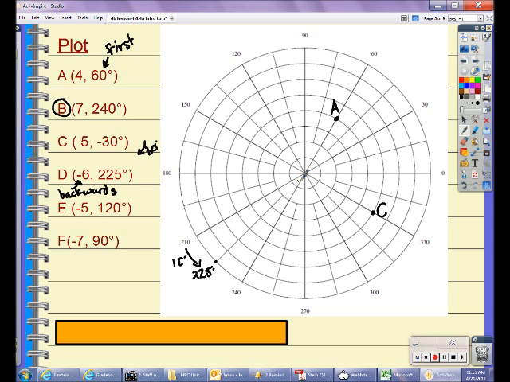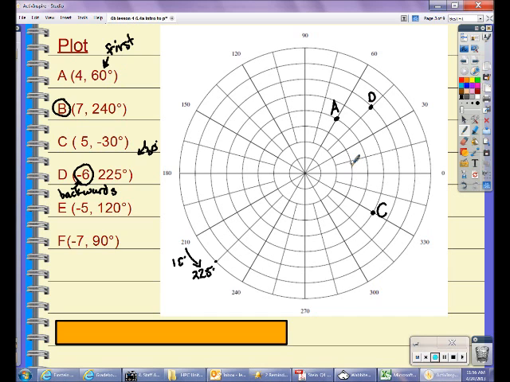But where do I go along that line? I'm going -6. So along this line, instead of going towards my 225 degrees, I'm going away from it. 1, 2, 3, 4, 5, 6. That is point D.